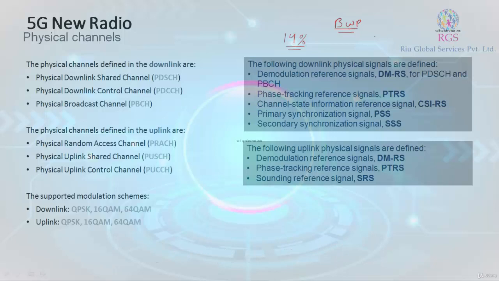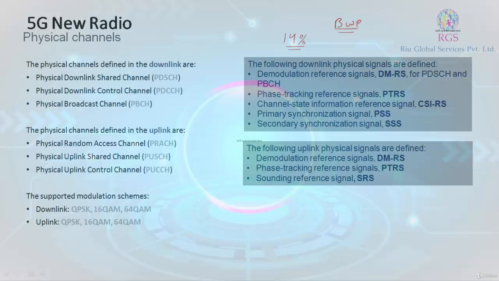That means for every user, the concept of bandwidth part is very simple. If a user needs a smaller bandwidth, we will give him access only on the smaller bandwidth. But if he wants to make use of eMBB services and a huge amount of bandwidth, in that case he will measure a huge amount of bandwidth.